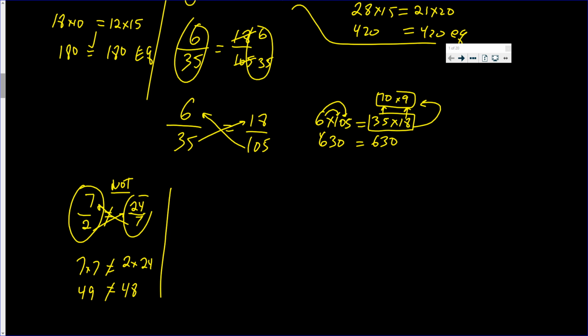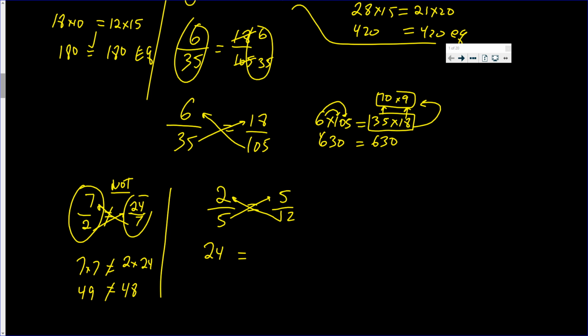Suppose you have the following fraction. 2 over 5 versus 5 over 12. Can't reduce it. Multiply those two numbers, get 24.